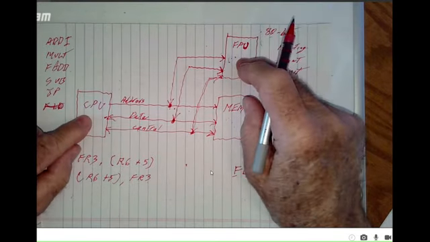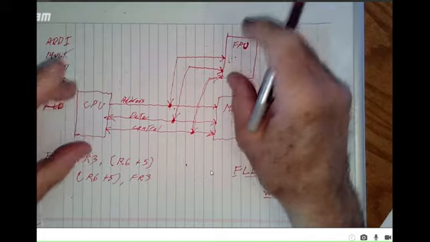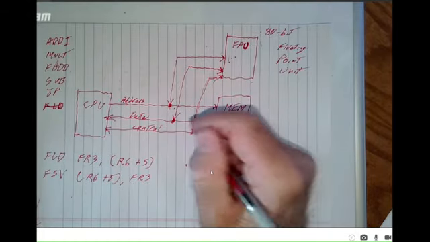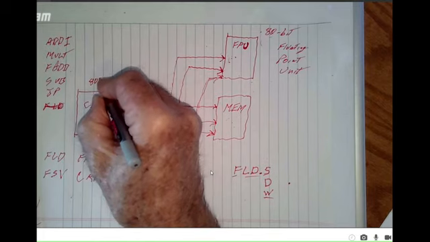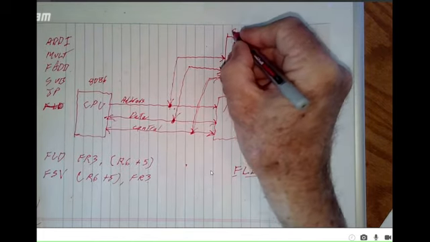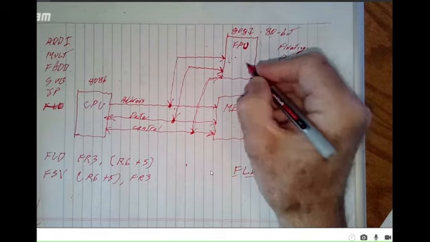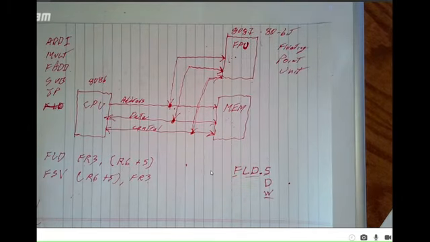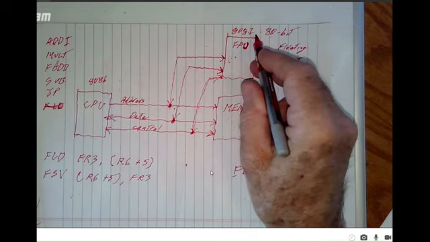But they can exist as two entirely separate, physically separate units. Back in the early days, this might have been an 8086, and this was an 8087.